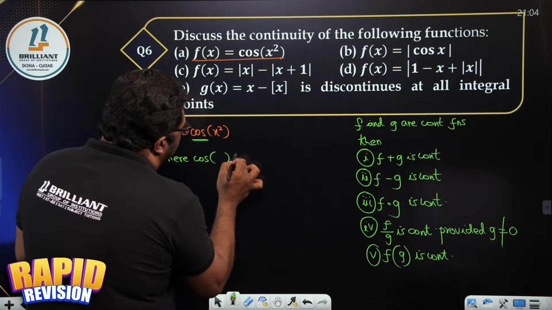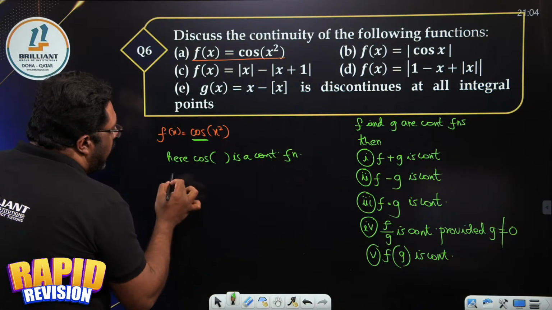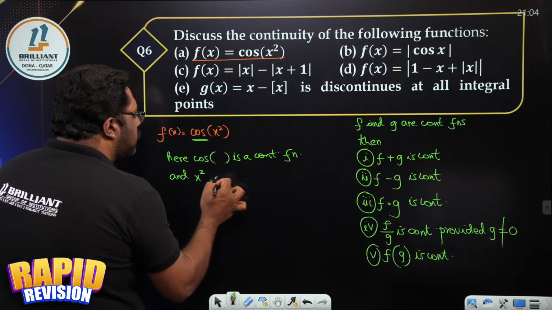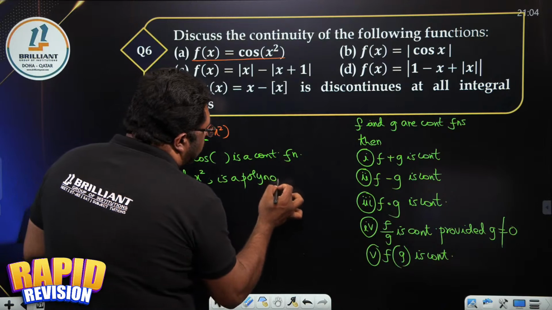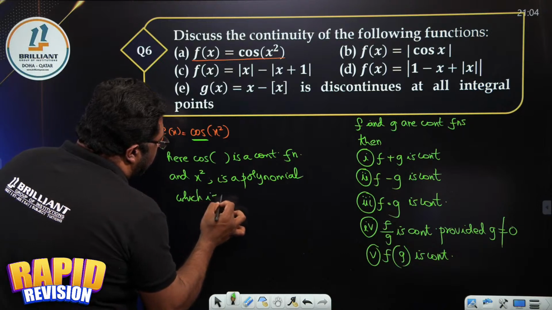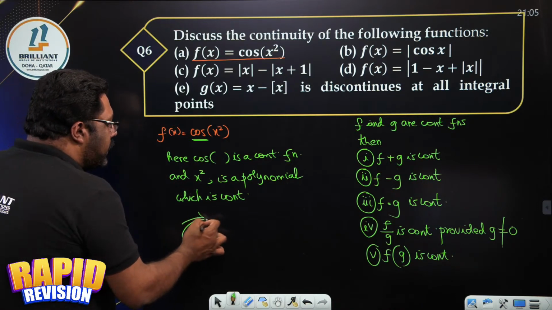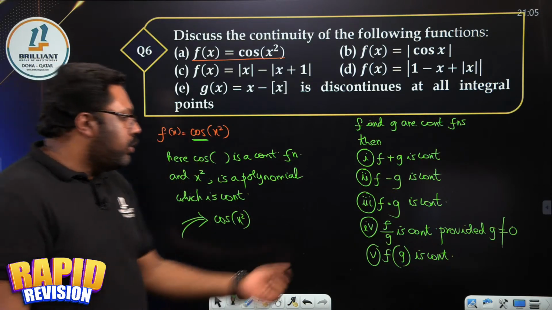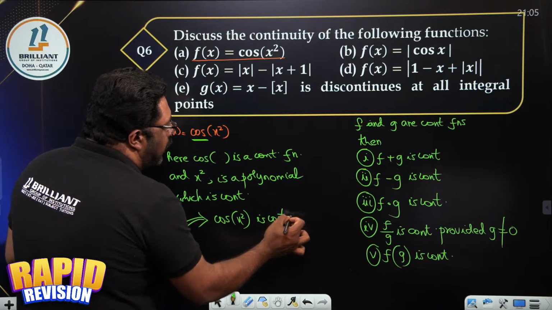Here cos is a continuous function, and x squared is a polynomial which is continuous. That implies a continuous function inside another continuous function. The fifth condition is continuous. 2 marks given in your hand.